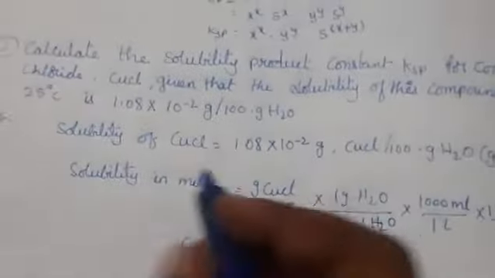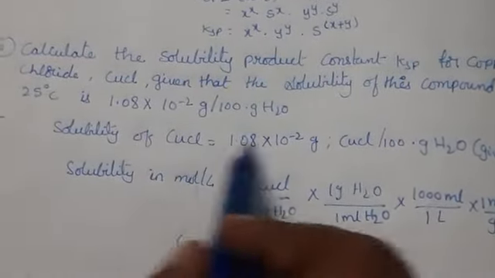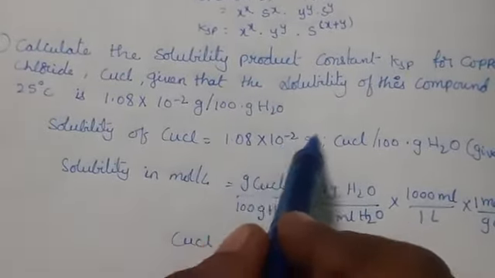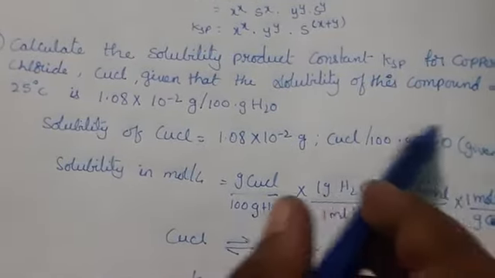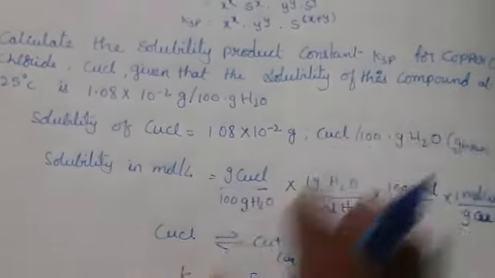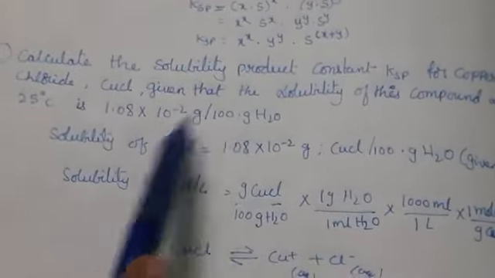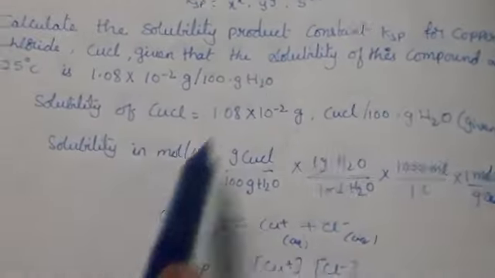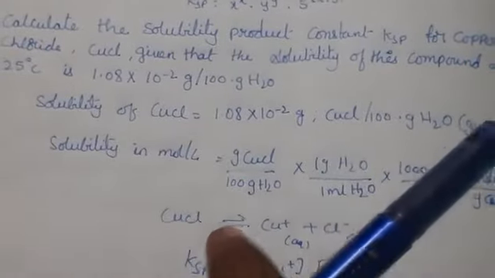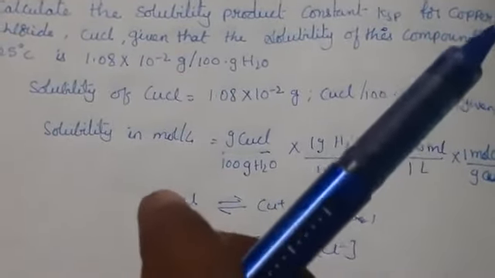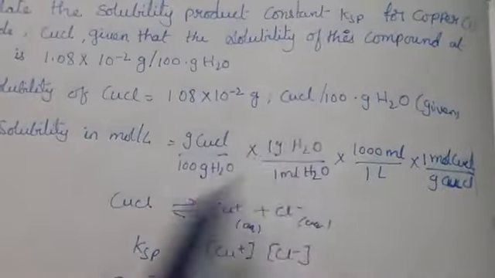So they have given it in grams. We have to convert it into moles per liter, that is, we have to calculate molarity here. Without calculating molarity, we can't get this.